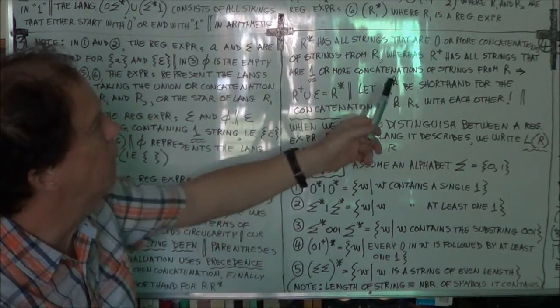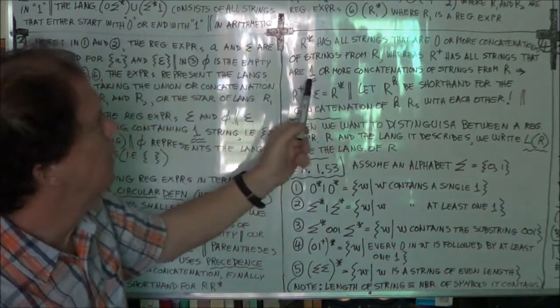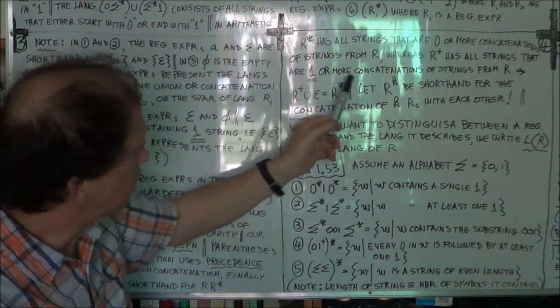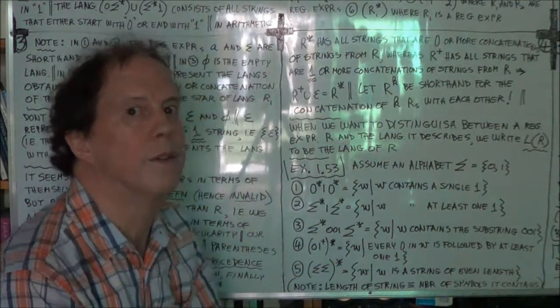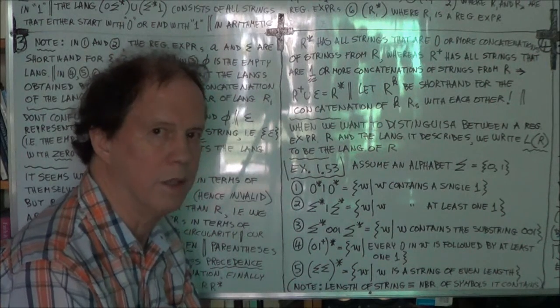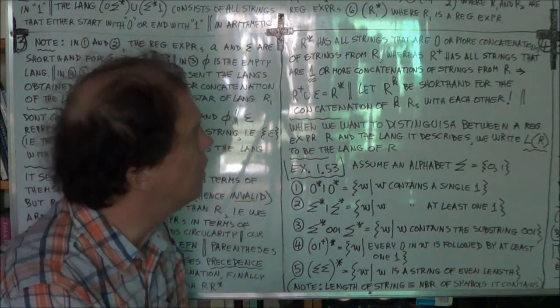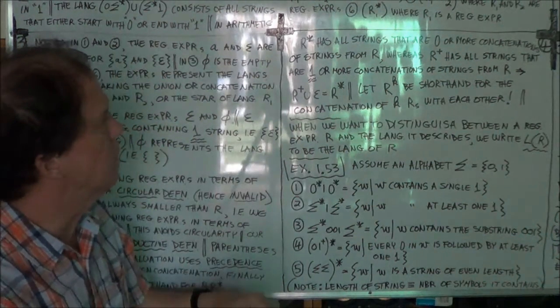Or you could put it another way. So R plus is the set of all strings that are concatenations of one or more strings from your R. Okay? So there has to be at least one string in the concatenated string in your set of concatenations.